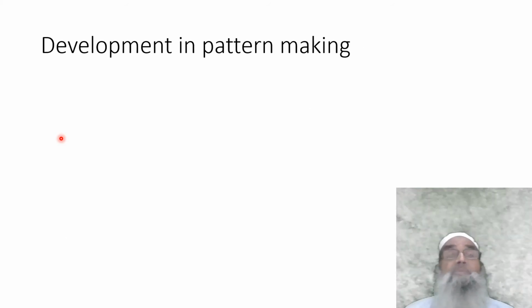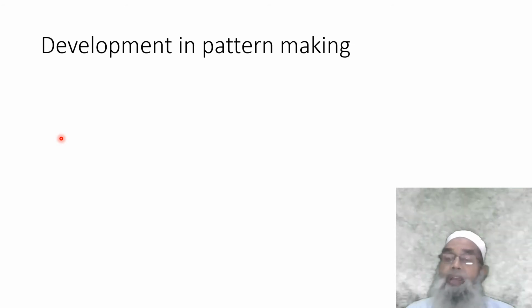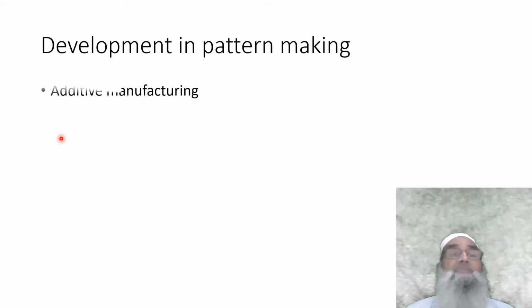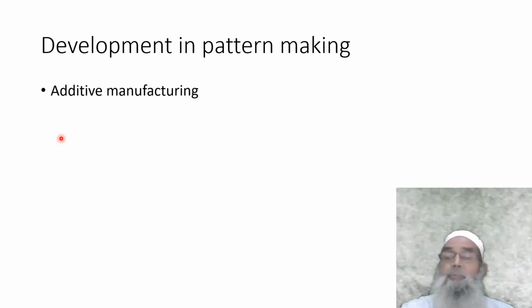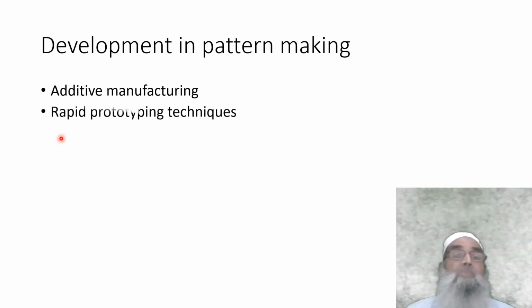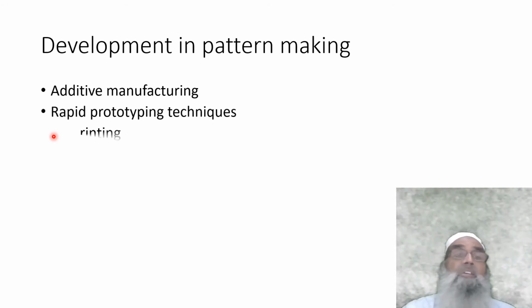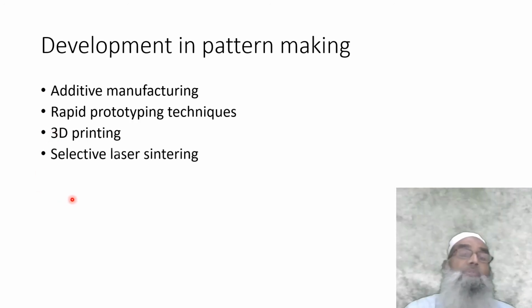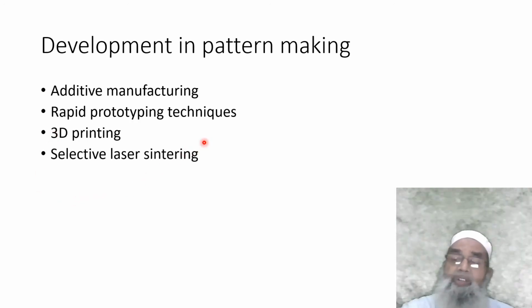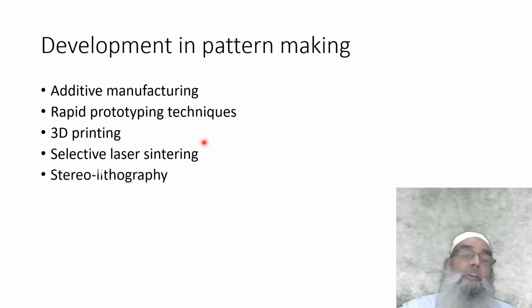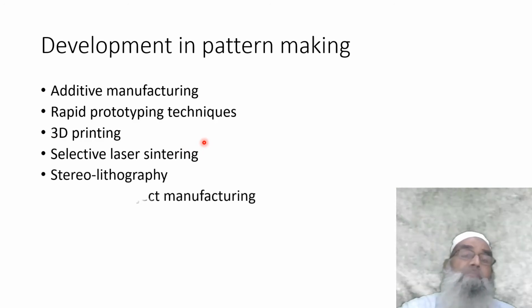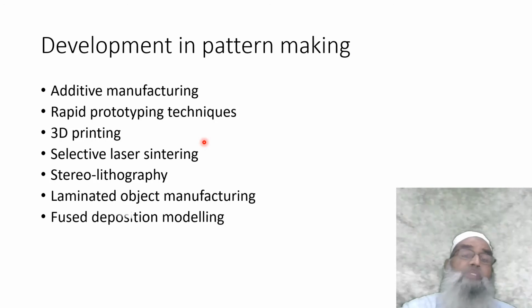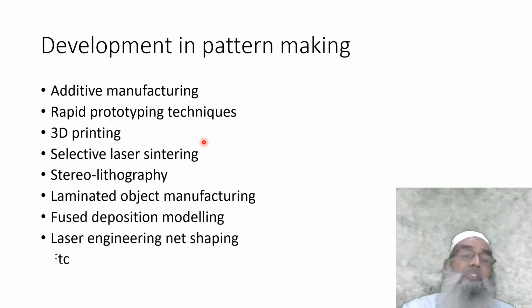Now, with the development of technology, pattern making has also developed, and now we can adopt different techniques like additive manufacturing and rapid prototyping. In that, say 3D printing, selective laser sintering, stereolithography, laminated object manufacturing, fused deposition, laser engineered net shaping.